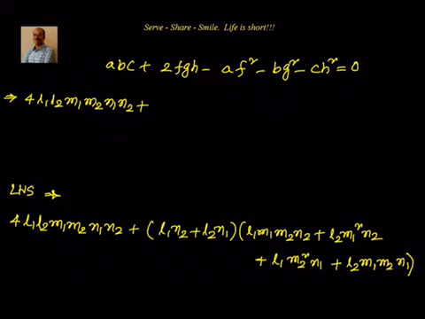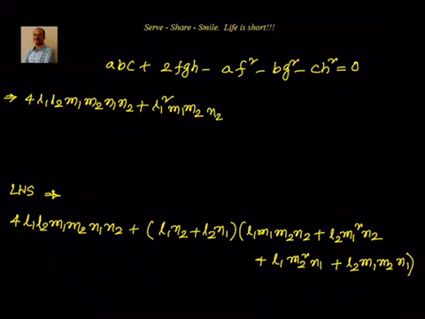So first we do L1 N2, multiply with each term, then go to the second term. L1 N2 into L1 M1 M2 N2 is equal to L1 square M1 M2 N2 square.